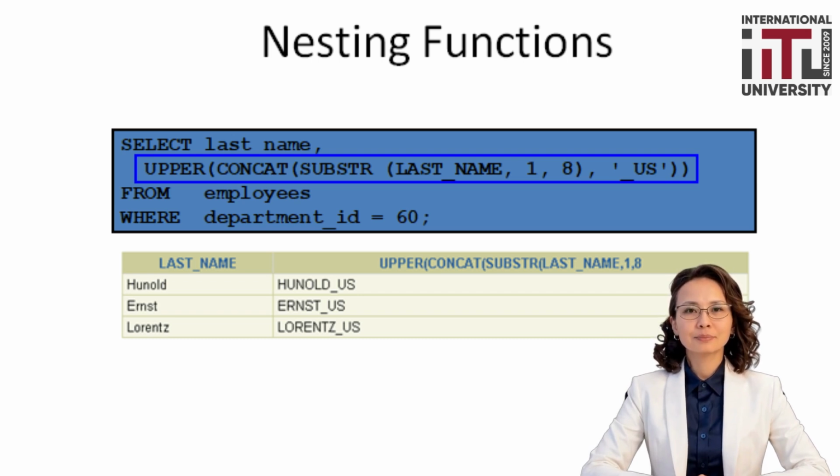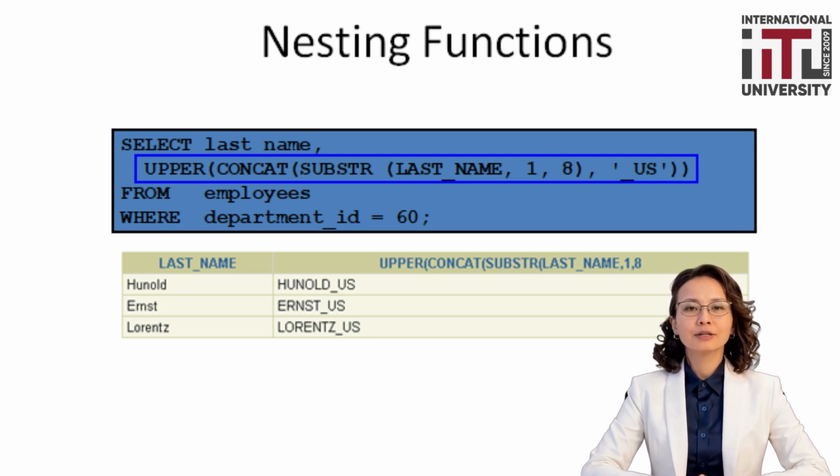Next, the result is passed to CONCAT with the suffix _US, which adds the suffix to the extracted string. Finally, the entire result is passed to UPPER, which converts all characters to uppercase. As a result, a name like Hunold becomes HUNOLD_US, and Ernst becomes ERNST_US.